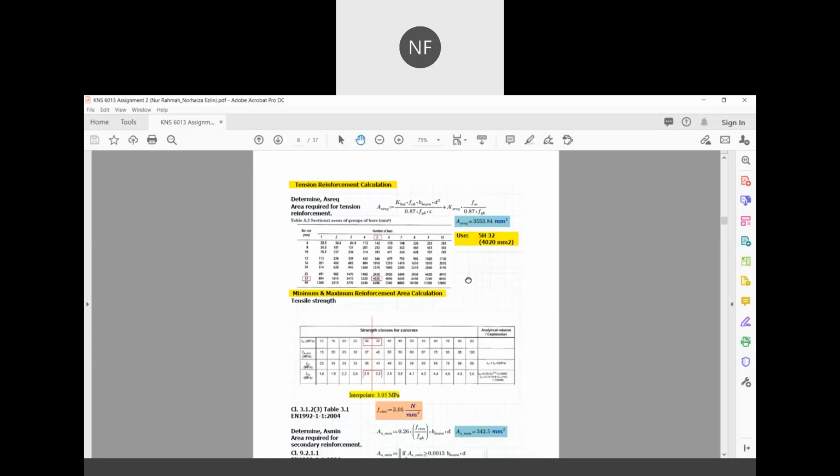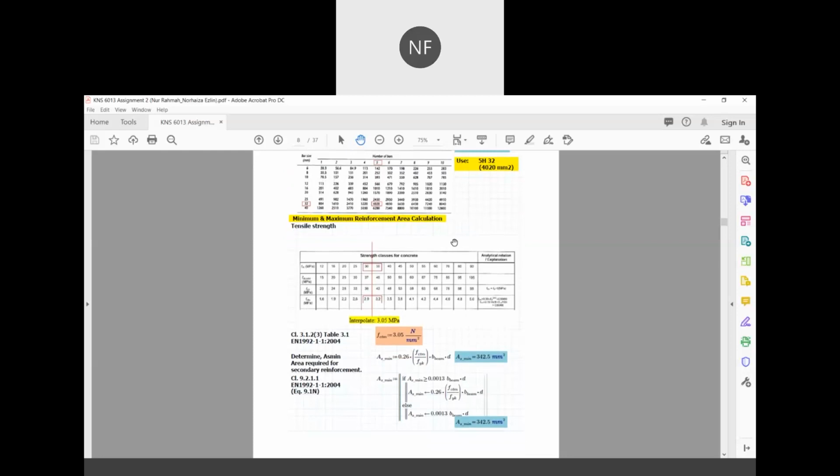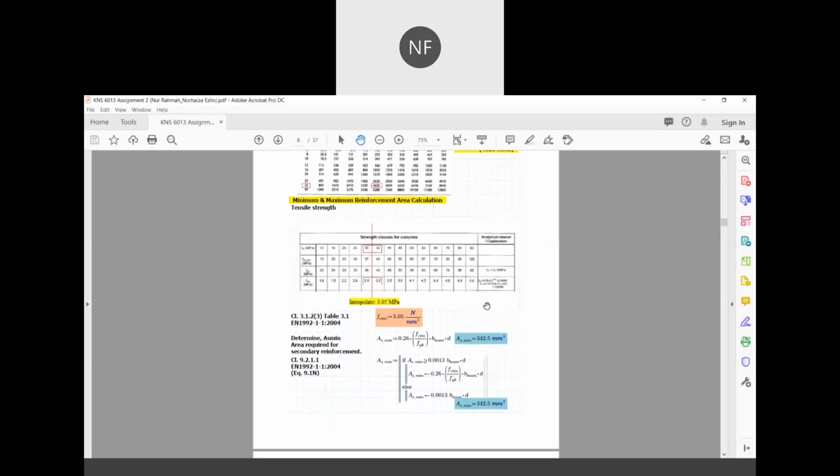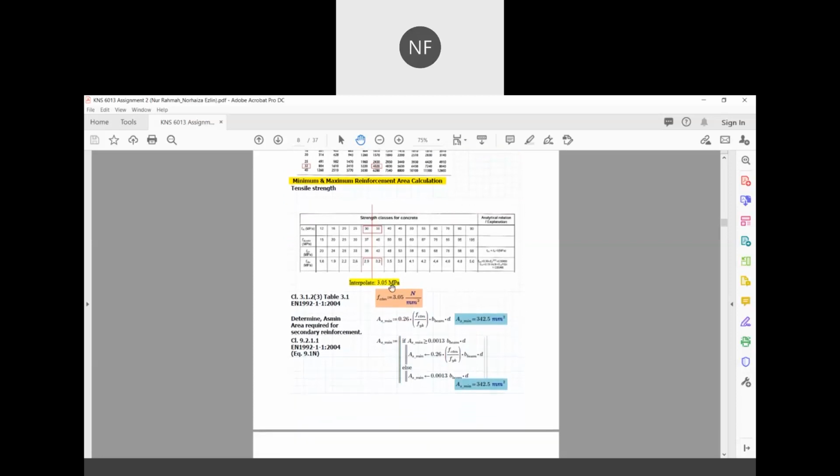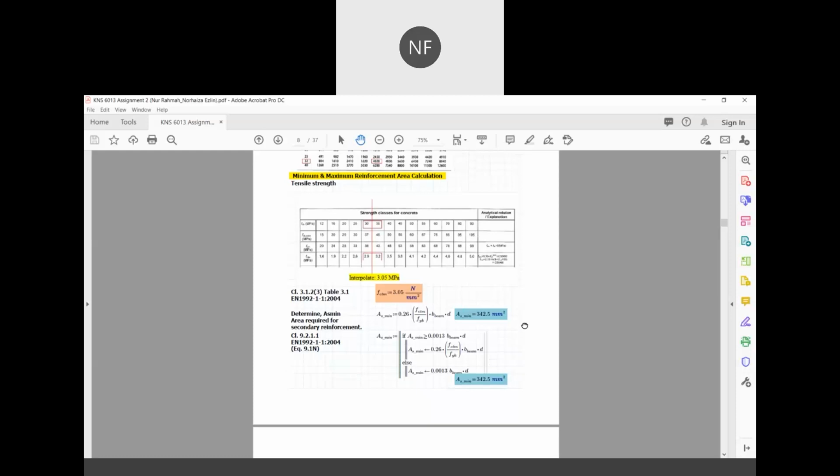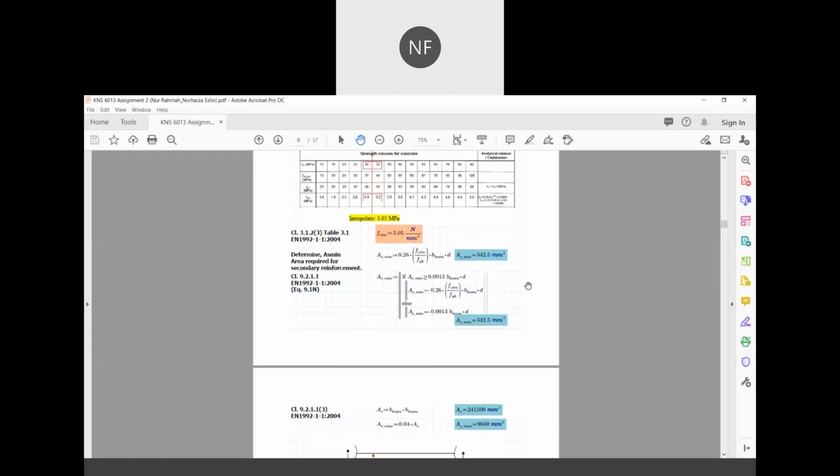And we proceed with the minimum and maximum reinforcement area calculation, where the fctm we can obtain through interpolation from Table 3.1 in Eurocode 2, and it is equal to 3.05 Newton per millimeter square. We substitute the value into the minimum area required for secondary reinforcement, and it is equivalent to 342.5 millimeter square.